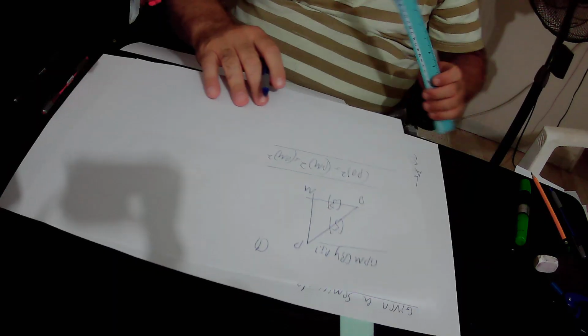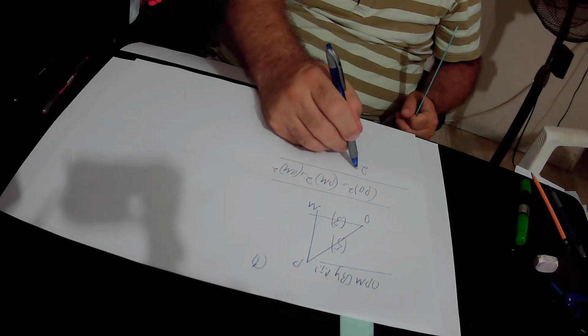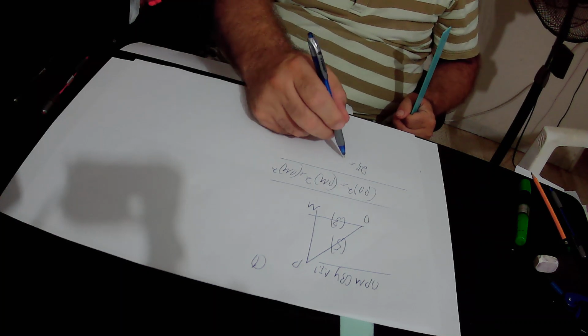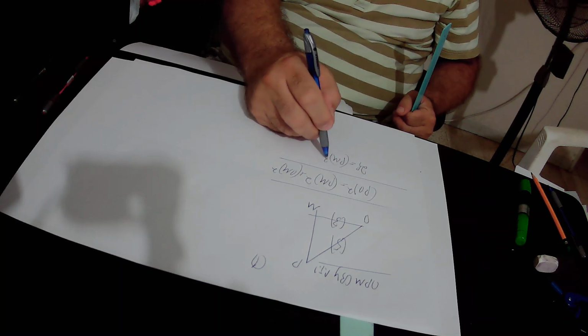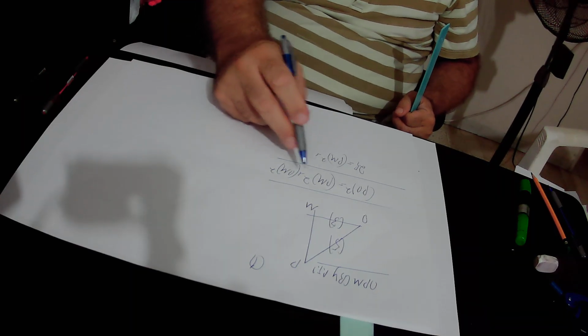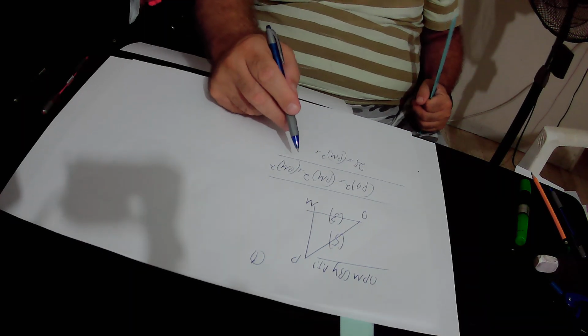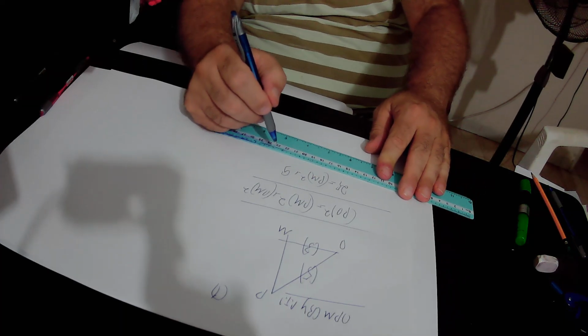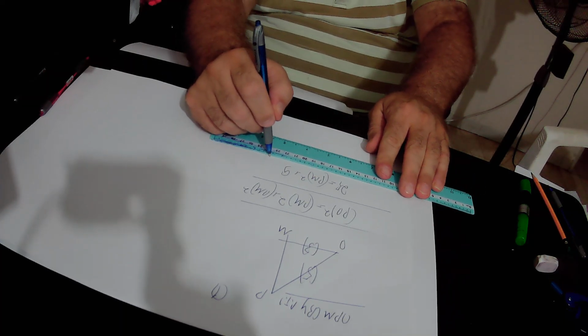PO is 5, therefore PO squared is 5 squared, that is 25, and it is equal to PM squared. PM is the missing side, so we leave it as it is, plus OM squared. OM is 3, therefore OM squared is 3 squared, that is 9. So in total, 25 equals PM squared plus 9.